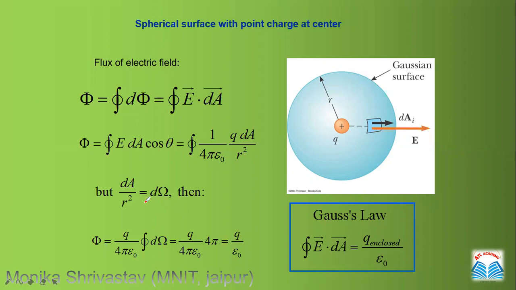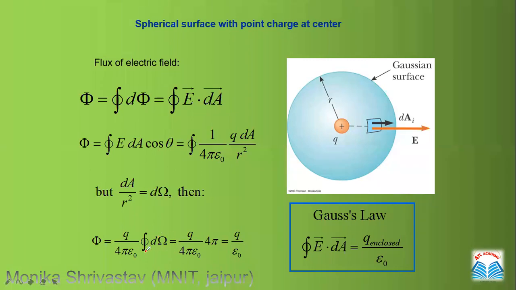That is the angle d omega, that is called a solid angle, which applies only to fully closed symmetrical geometries like a sphere or shell. So we can have this d omega as dA over r square.